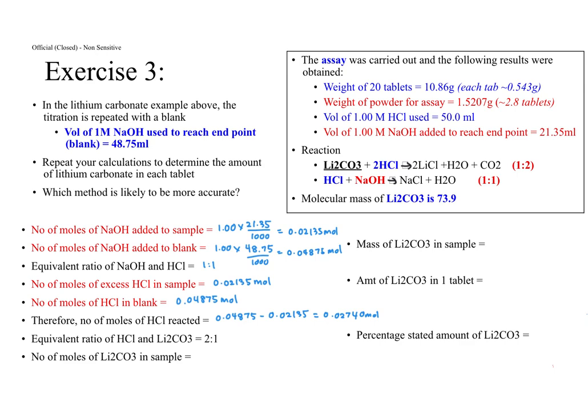Now, from the number of moles of HCl reacted, we can find the number of lithium carbonate. Let's take a look at the reaction between HCl and lithium carbonate. 2 moles of HCl react with 1 mole of lithium carbonate. The equivalent ratio is 2:1. So the number of moles of lithium carbonate in the sample would be equal to the number of moles of HCl reacted divided by 2.